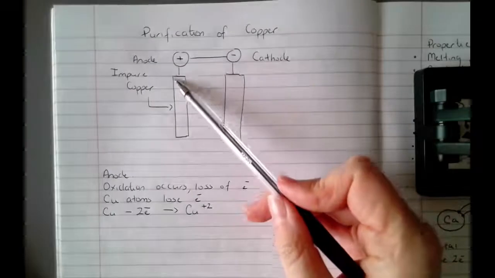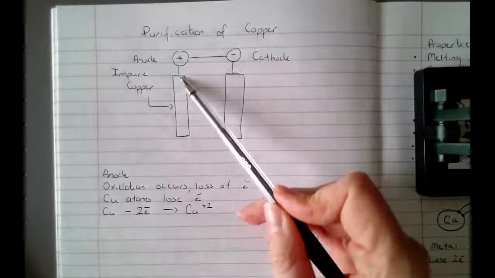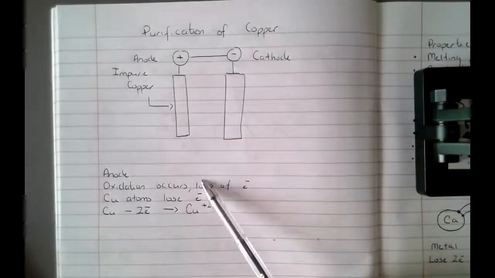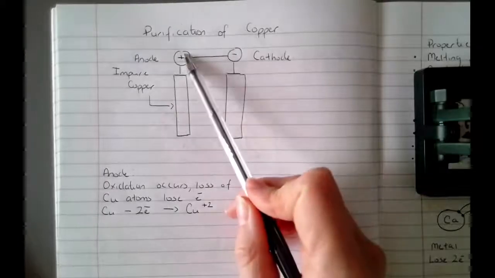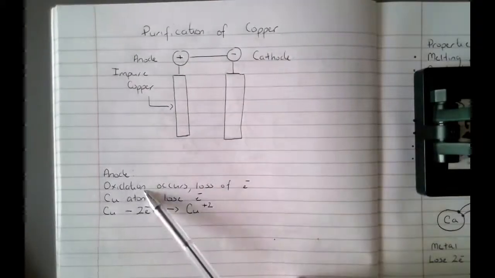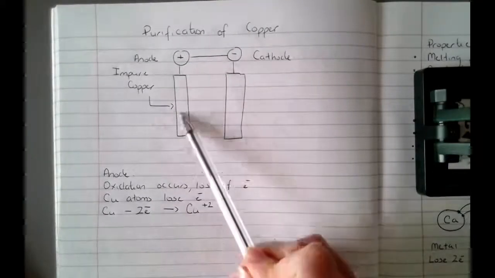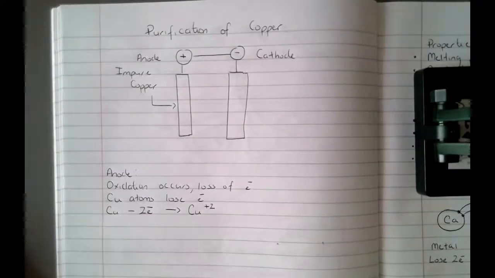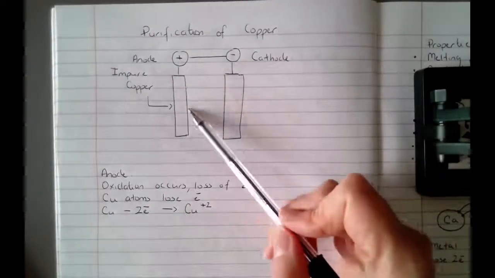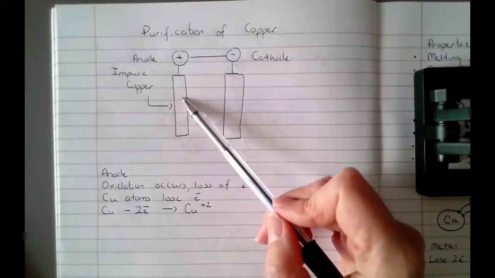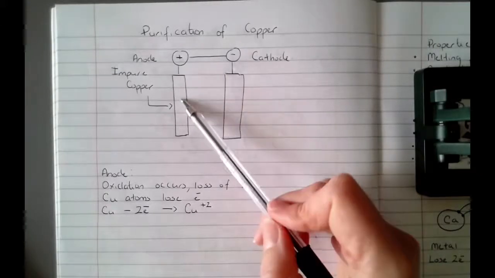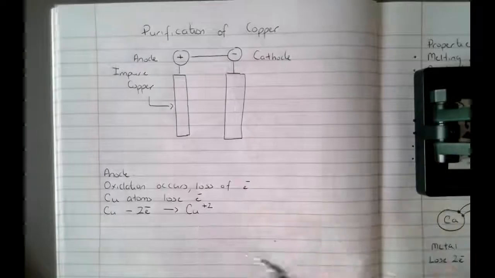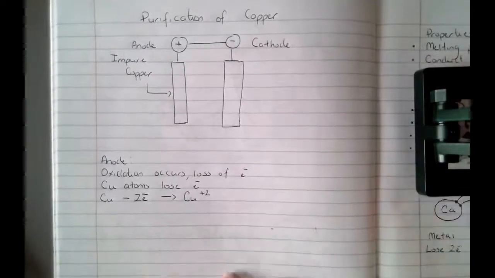So all of your copper atoms in your impure copper are going to lose their electrons because they're connected to the anode, and oxidation occurs. When they lose their electrons, they are going to form Cu2+ ions. So at the start, before you turned the electricity on, your copper atoms were not charged. When you turn on the power and they lose their electrons, they form Cu2+ ions.